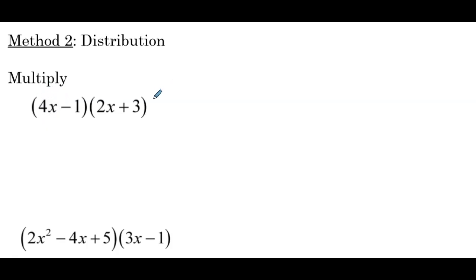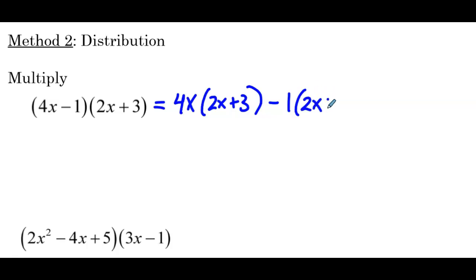If I want to expand it out a little bit more clearly, what we're doing is taking the 4x and distributing that into the 2x plus 3. And then we're going to take the negative 1 and distribute that into the 2x plus 3.